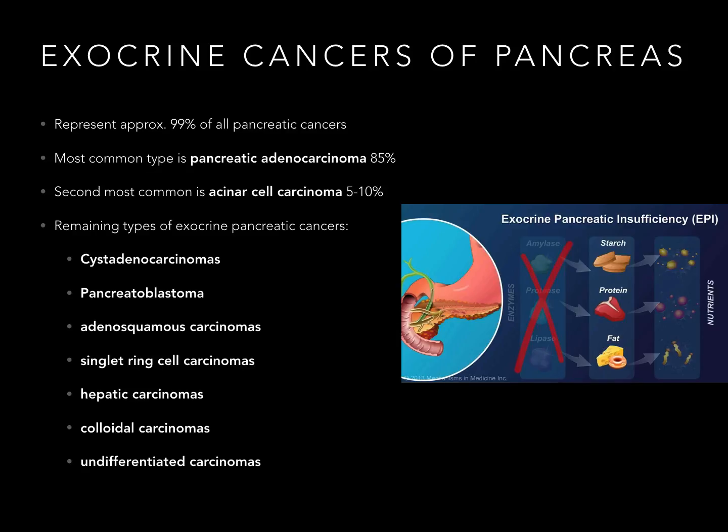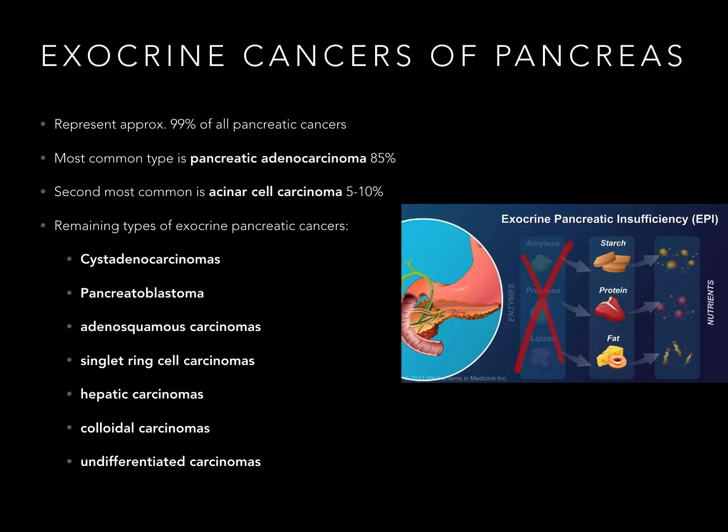The next most common type of cancer is acinar cell carcinoma of the pancreas, which arises in the clusters of cells that produce digestive enzymes and represents 5% of pancreatic cancers. Acinar cell carcinomas may cause overproduction of digestive enzymes, which may present as skin rashes and joint pain.